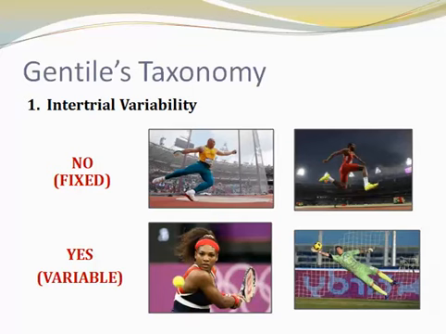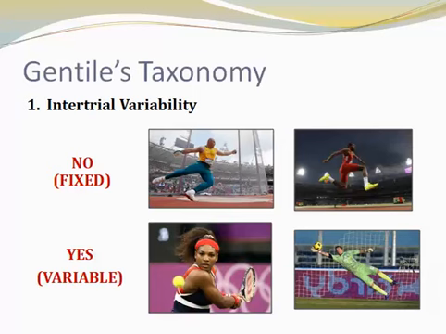The other characteristic of our environmental context is intertrial variability. So do the regulatory conditions change from trial to trial? Our first row of images, the answer is no. There is no intertrial variability for these two events, the first being throwing a discus and the second being the triple jump.